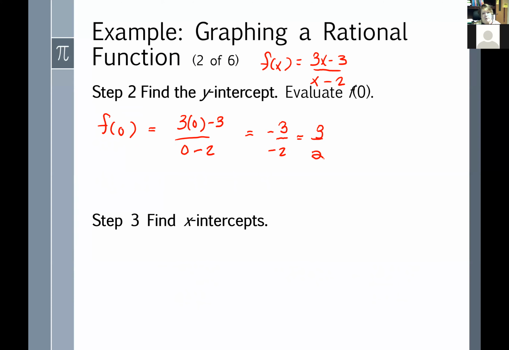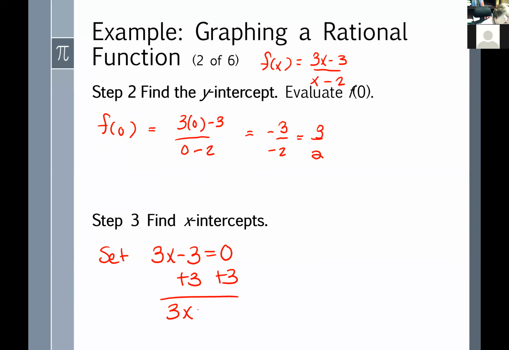So it crosses the y-axis at 1.5. To find the x-intercepts, you're going to set the numerator equal to 0. So it does look like it has an x-intercept at 1. So it has a y-intercept at 3/2 and an x-intercept at 1.